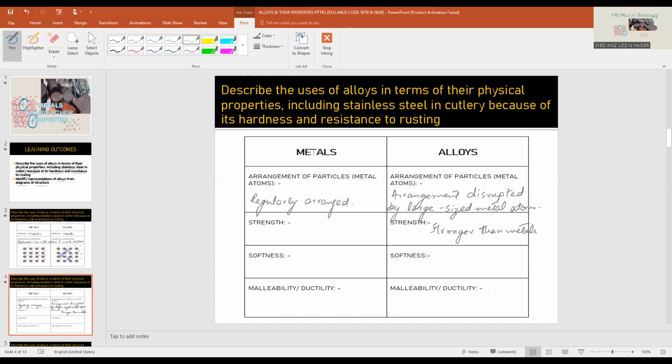So you will write that metals will be fragile or weak. Metals are soft and alloys are hard.